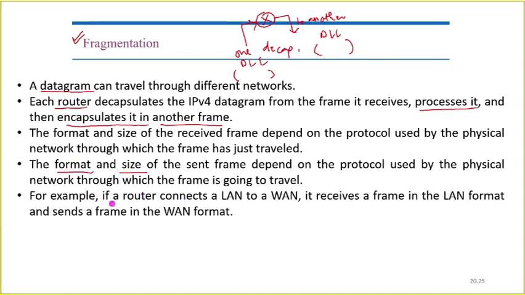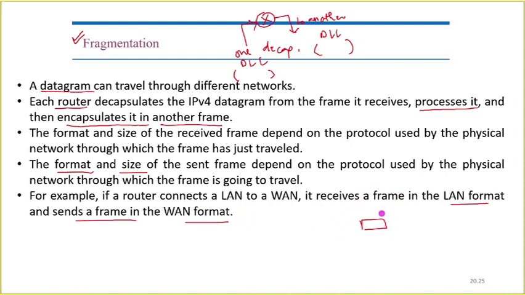An example: if the router connects a LAN to a WAN, it receives a frame in the LAN format and sends the frame in the WAN format. The formatting is being done. In a LAN format the data can have some size, and in the WAN format the data can be of a different size.